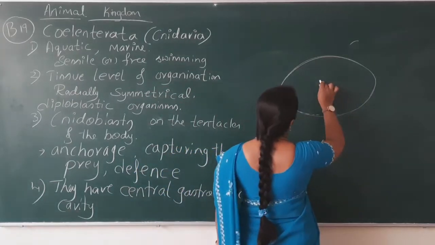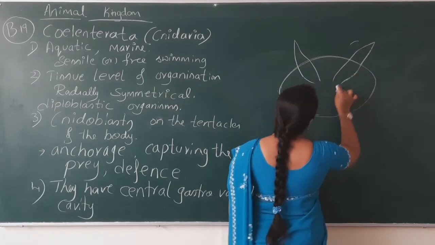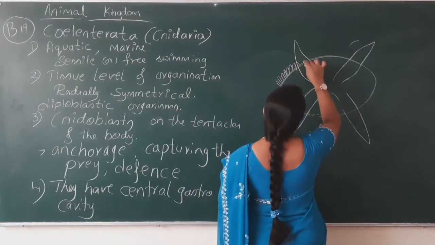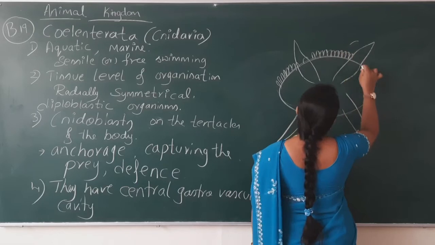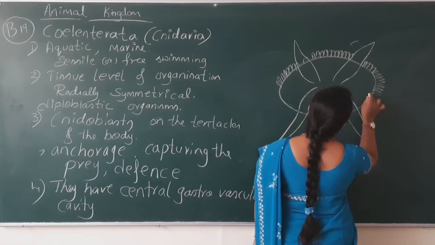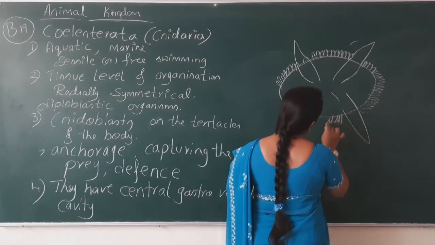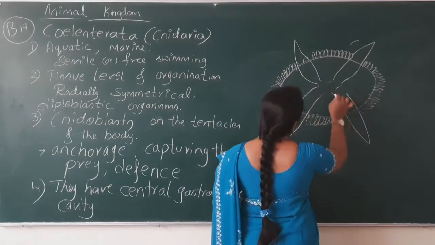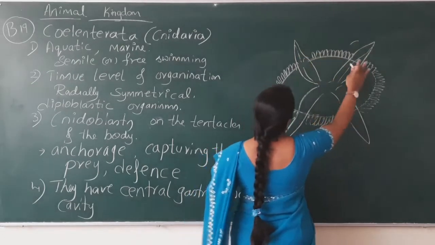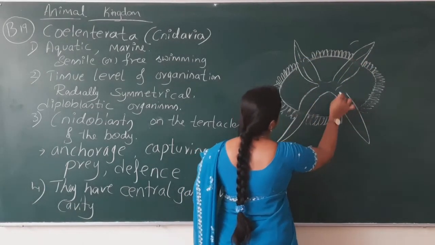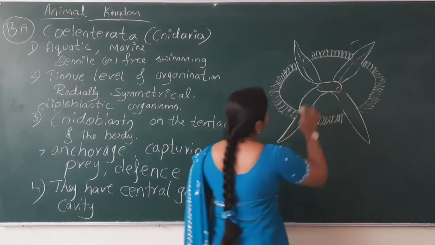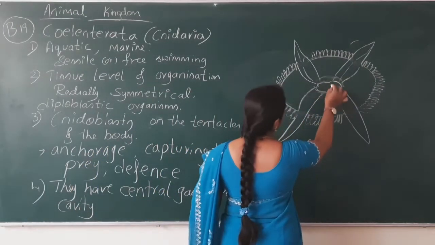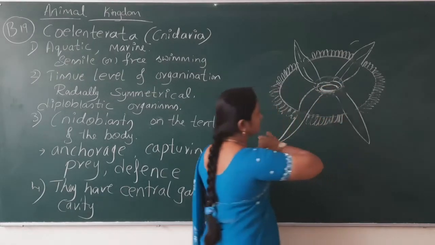Below that, let me show you how the arrangement is. Consider these are all the tentacles, and this is the oral arm, and at this position it possesses a central gastrovascular cavity, and it has an opening at the lower level.